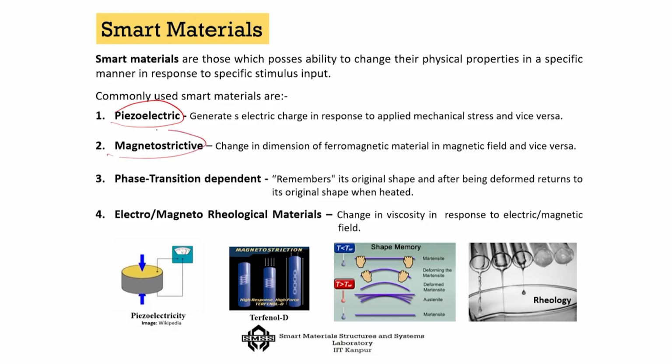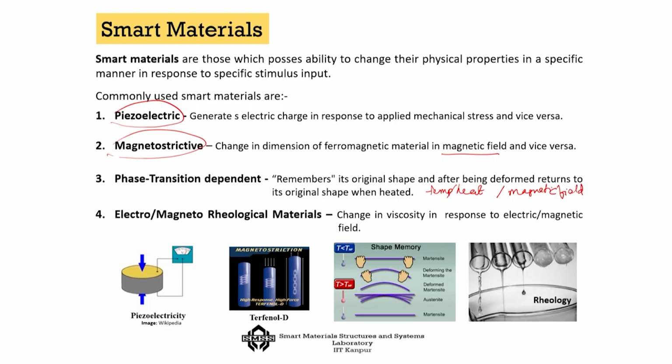Magnetostrictive material, where a similar change can happen, but with a change of magnetic field in this case. Phase transition dependent material, which remembers its original shape, and in this case the change is temperature or heat initiated, and in some cases it can be magnetic field also. Some of them we call shape memory material.